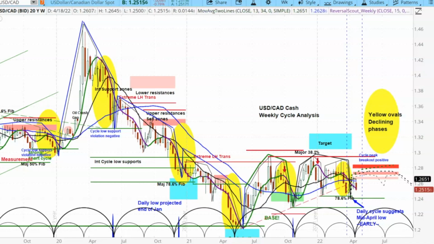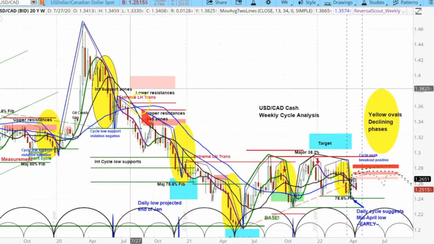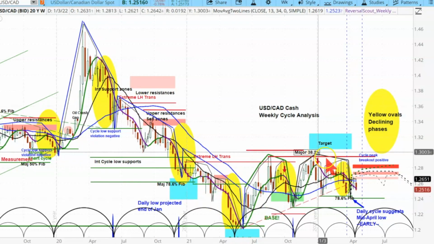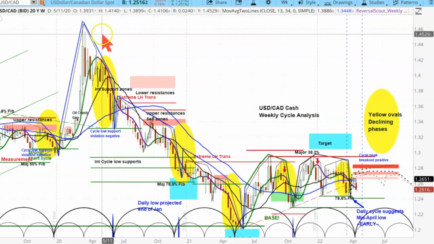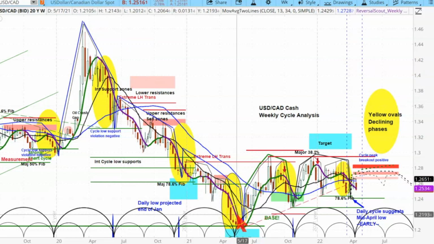And what you've seen in these last two cycles, this one right in here, which built this base, and this one right in here, which was a sideways cycle, is a consolidation of this big break. So at some point in here, it's likely, and maybe after this rally in here, that this big decline in the dollar versus the Canadian is going to resume.